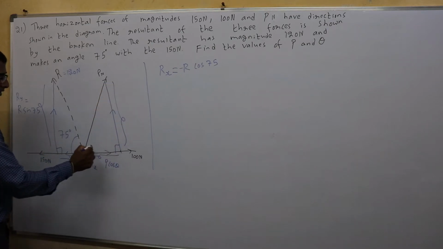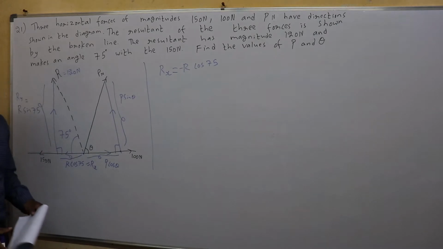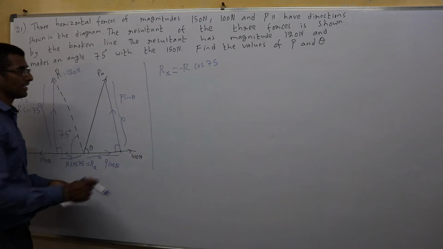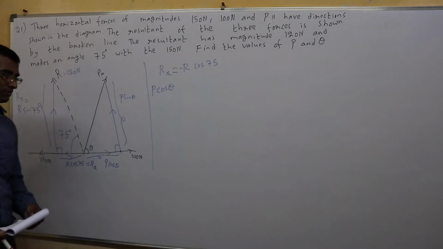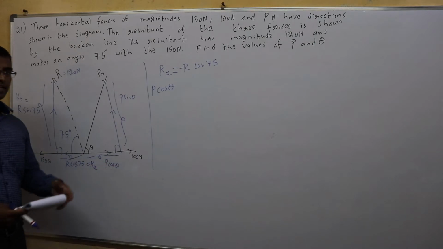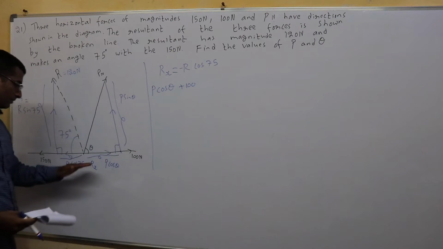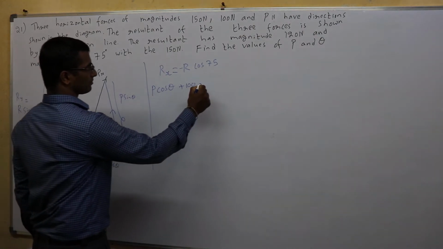This is opposite to theta, so it becomes P sin theta. So what is acting on the positive x-axis? P cos theta, and also 100 is acting in the positive x-axis, so plus 100. Is anything acting in the negative x-axis? Minus 150.